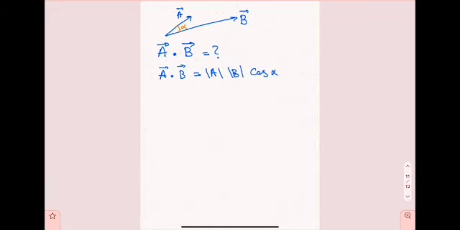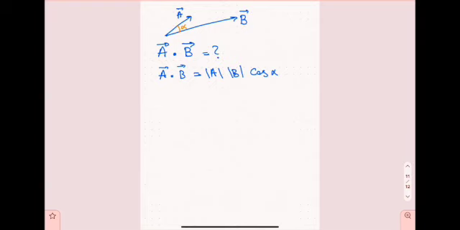So previously I mentioned that if we have a vector A and a vector B, and these two have an angle of alpha with each other, the dot product of A and B, in other words, the projection of A on the B vector, would be the magnitude of A, magnitude of B, and the cosine of this angle that they make with each other.